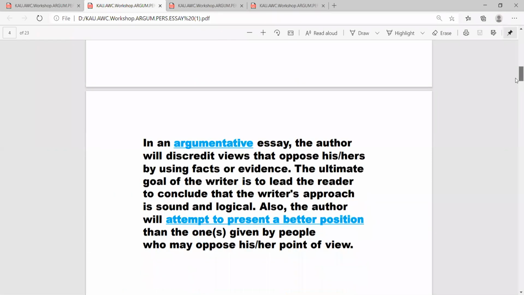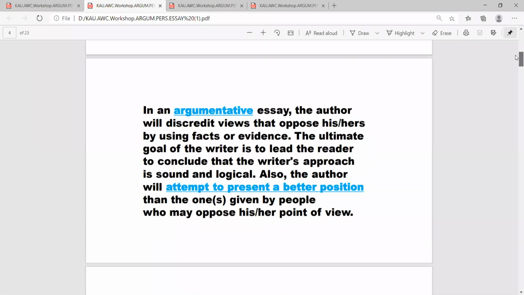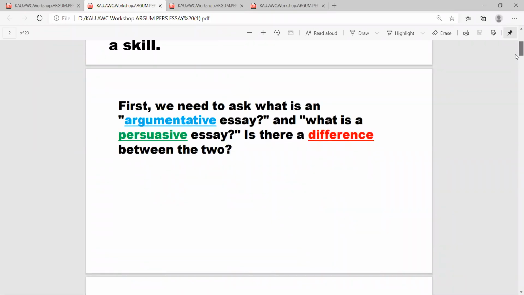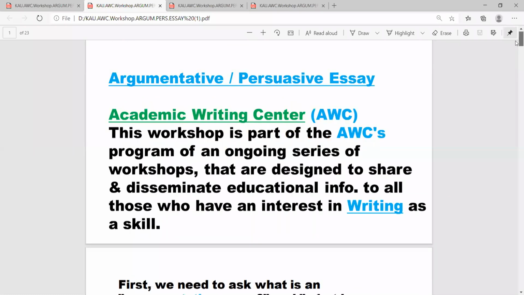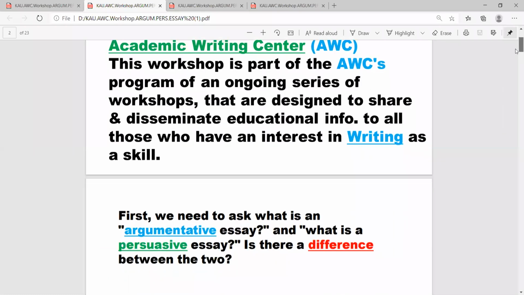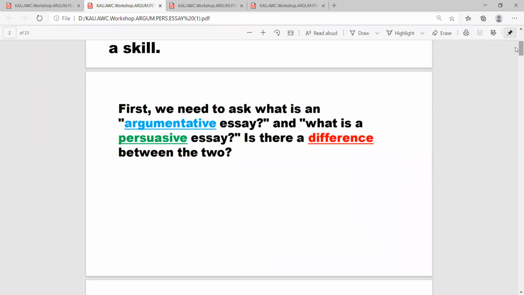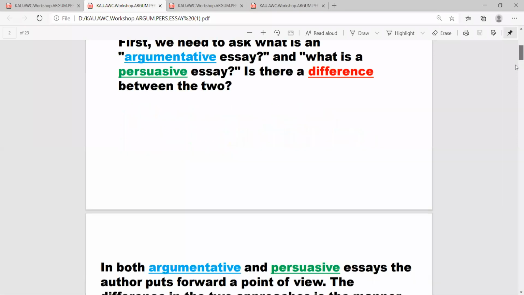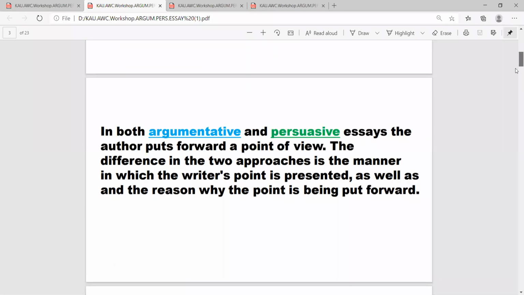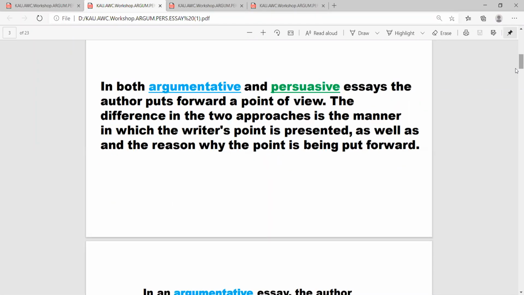So I have it in the second slide. I'm sorry, the second slide is first, we need to ask, what is the difference between the two? I won't spend too much time on the difference because they are very, very similar. In both argumentative and persuasive essays, the author puts forward a point of view, right?